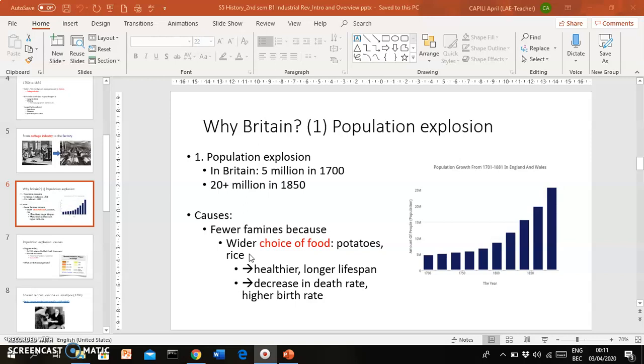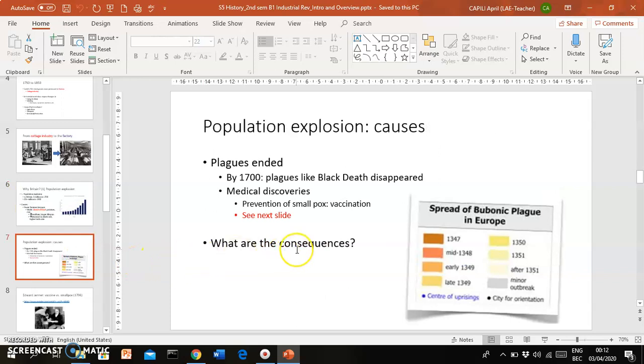Healthier lives meant longer lives, a decrease in the death rate, and also more people being born. In addition, the plagues ended, and there were some medical discoveries that helped people survive and weather affliction.